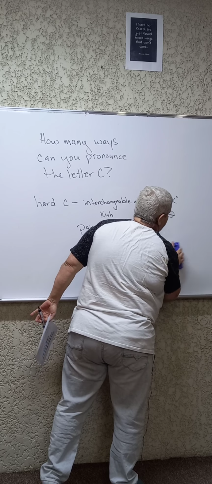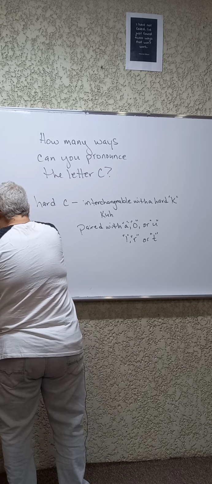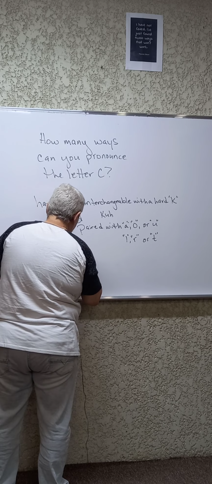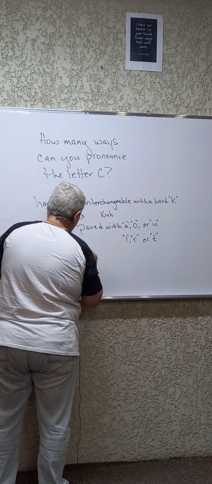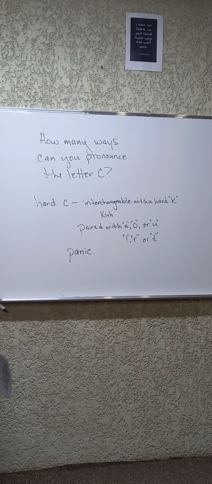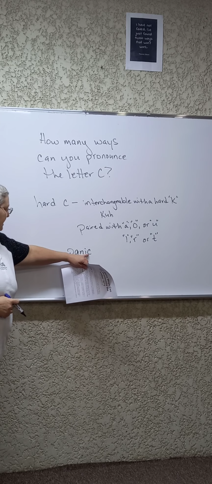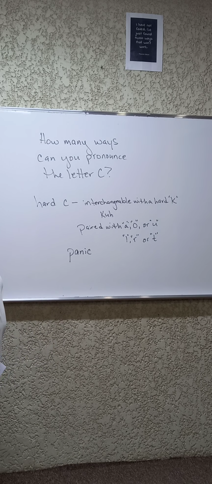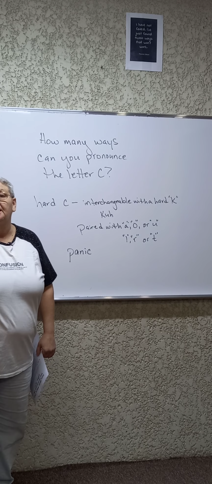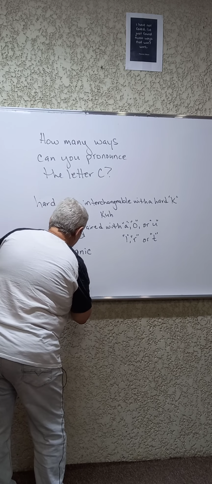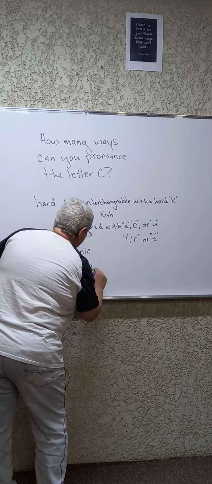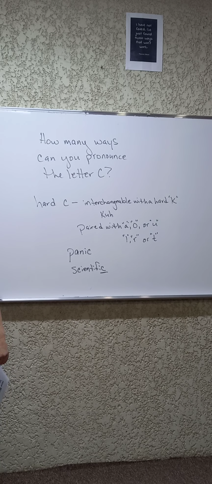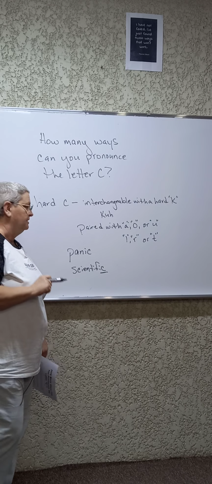You hear it at the end. That's a hard C because it's panic. Sounds like a K. Yes? Panic. That's a hard C because it sounds like a K. What if we said scientific? There it is again. Hard K or hard C.